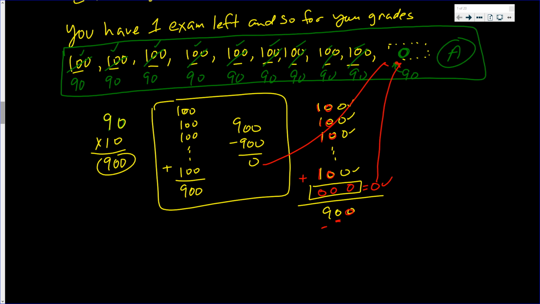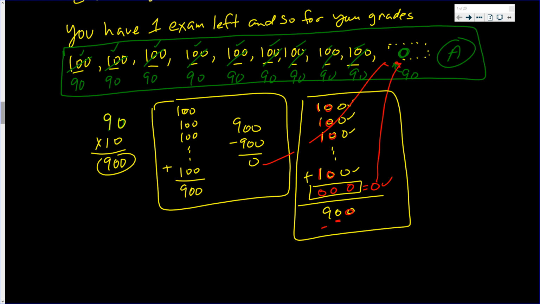So, if you need an extremely low score to get the grade that you want, you don't need to study for that last exam. Invest your study time into your other classes. Again, I'm not telling you not to study.